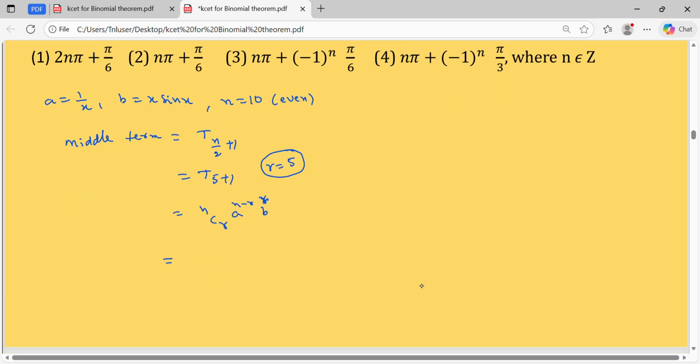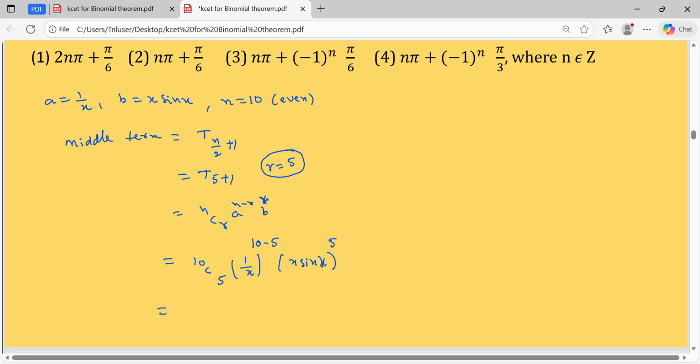Substitute these values here: 10C5, a value 1 by x whole power n minus r, 10 minus 5, then b power, x sin x whole power 5.